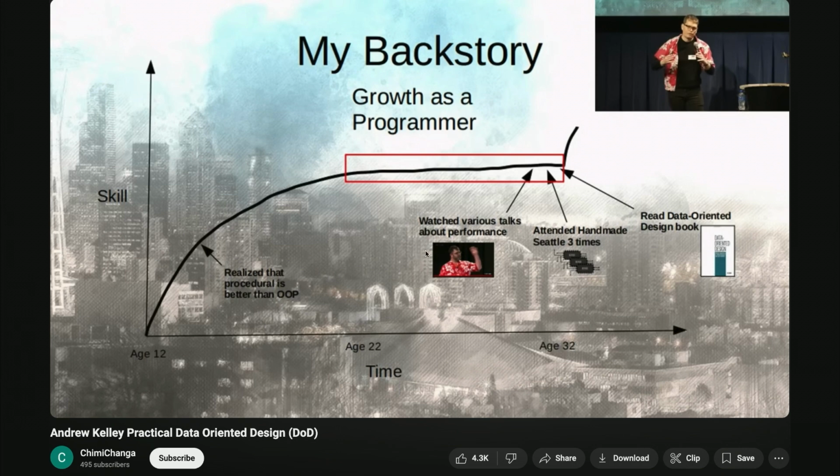Then he watched some talks about performance, and eventually, at the age of 32, he read the data-oriented design book and finally understood what it is. I too am around 32 years old, and I read the book and understood what data-oriented design is.